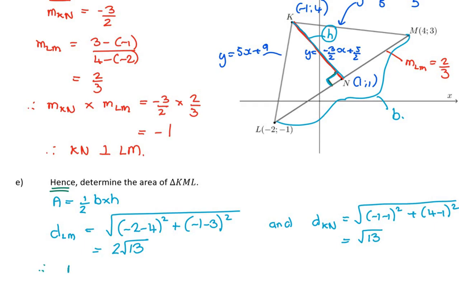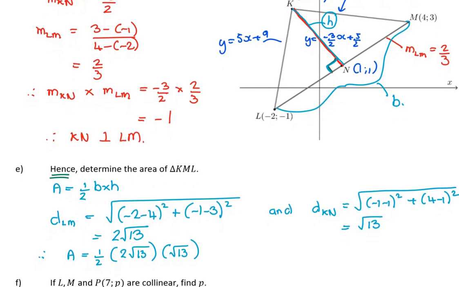So therefore my area is 1/2 times base, which is 2 root 13, times height, which is root 13. And I will just pop that in on my calculator. So I'm running out a little bit of space here, but when you pop that in your calculator, I get 13 units squared. Now, if you'd rounded to 2 decimal places, you would definitely not get that. You'd get some rounding. And so try to keep surd form if you're going to use that distance in the future.